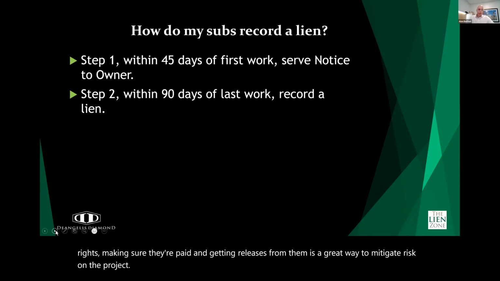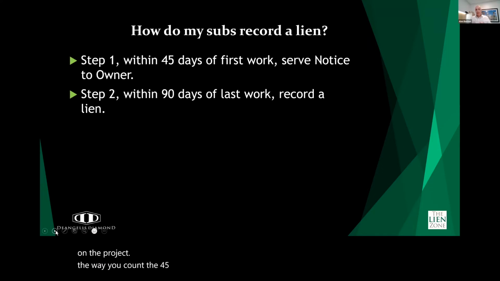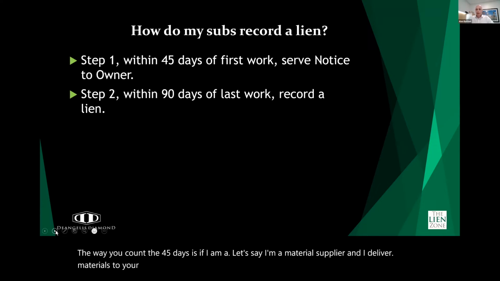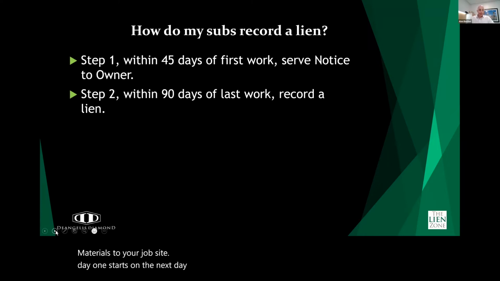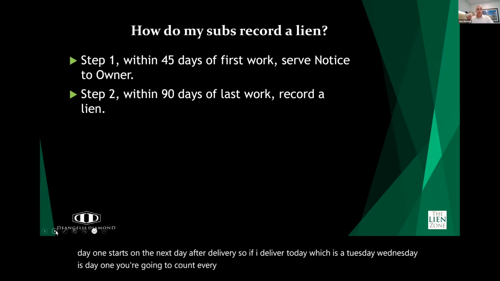The way you count the 45 days is, let's say I'm a material supplier and I deliver materials to your job site. Day one starts on the next day after delivery. So if I deliver today, which is a Tuesday, Wednesday is day one. You're going to count every day of the week, including weekends, all the way through the 45th day.